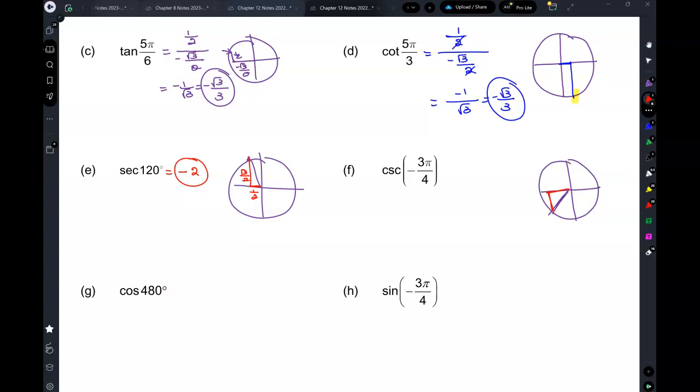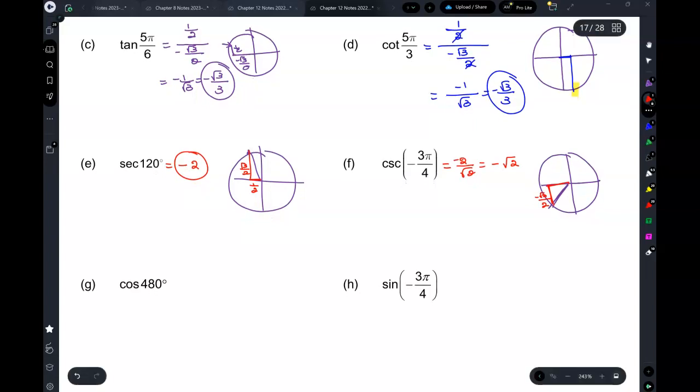Now this is the cosecant. Is it going to be positive or negative? Negative. So this is negative root 2 over 2, right? So it's going to be 2 over root 2 negative, which is negative root 2. Okay? Questions? Okay.